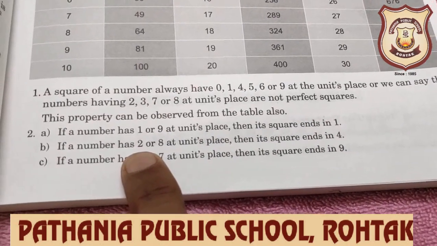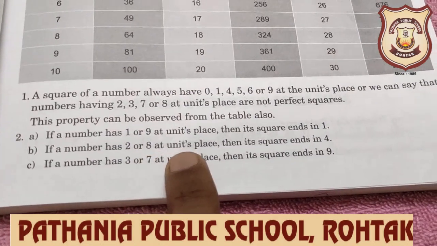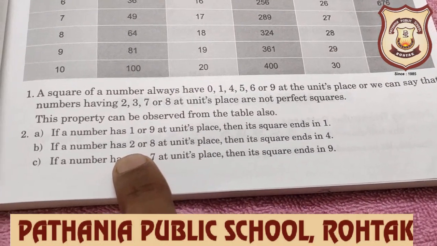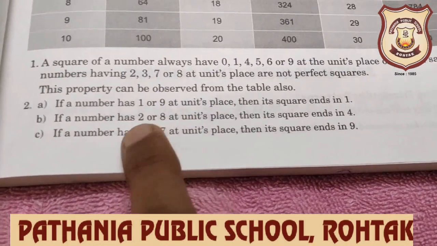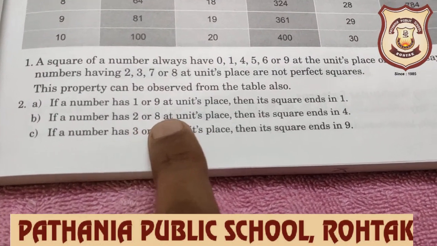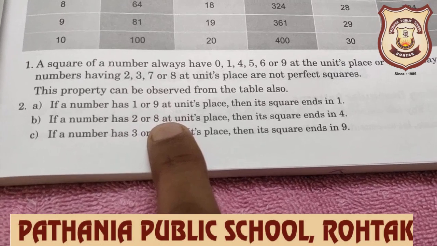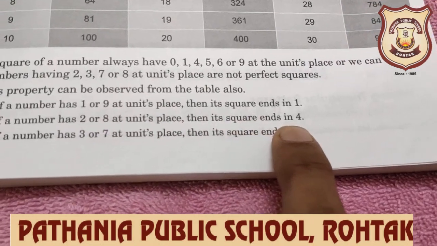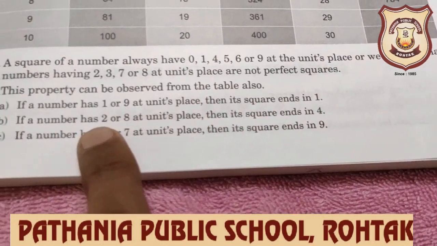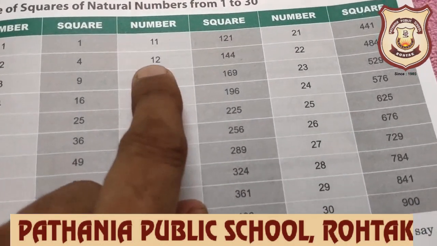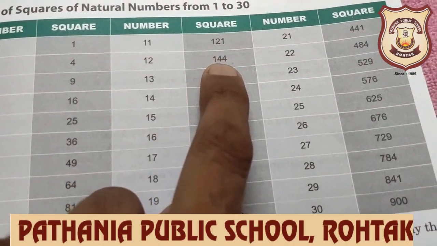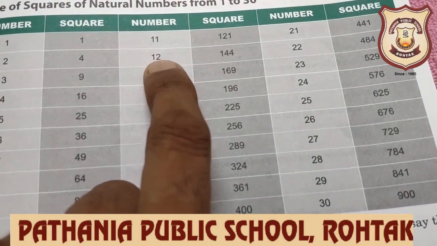If any number ends with 2 or 8, meaning the digit at the units place is 2 or 8, then what is the square of 2? 4. And what is the square of 8? 64. Then its square ends in 4 also. Suppose that 12 is there. 12 square is 144. 12 ends at 2.